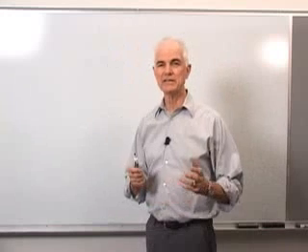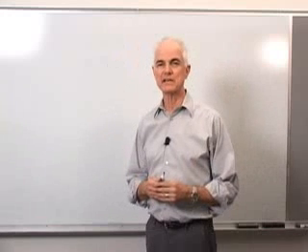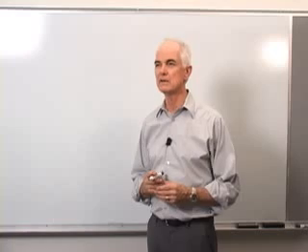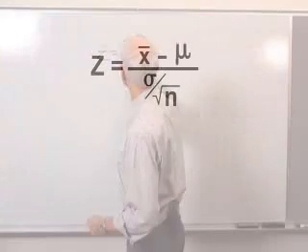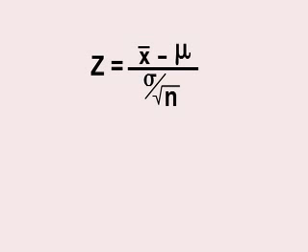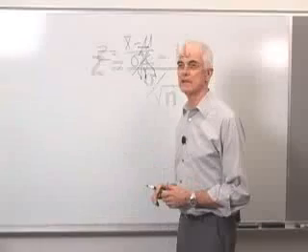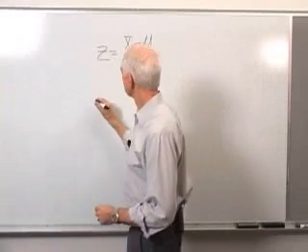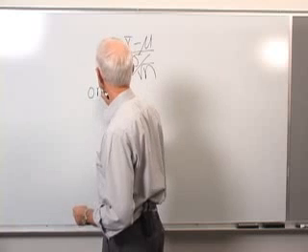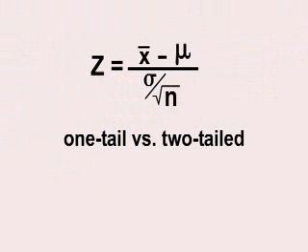So to summarize, conducting hypothesis tests about a single population mean, we use the z formula, z equal x bar minus mu over sigma divided by the square root of n. Then we learned that it's possible to conduct one-tailed tests or two-tailed tests.